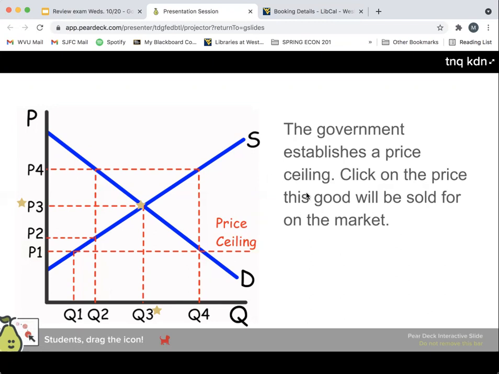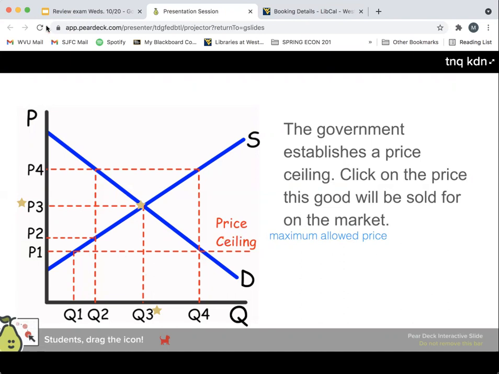When government comes in and establishes some kind of price ceiling in a market. So what a price ceiling does is set a maximum allowed price. So in this case, we are trying to protect consumers from the price of this good rising too high, okay?